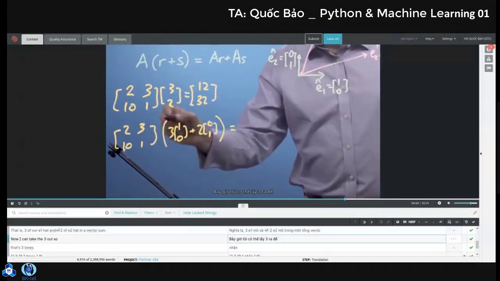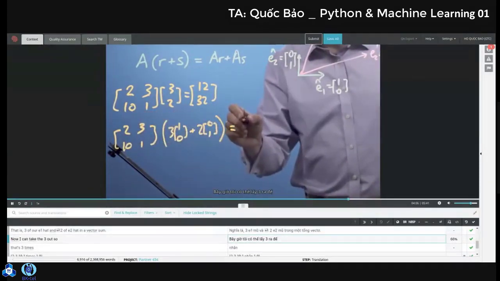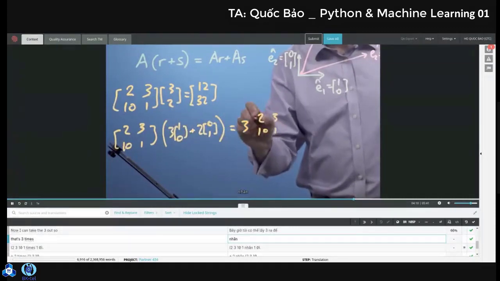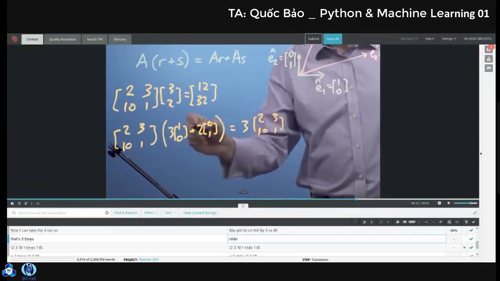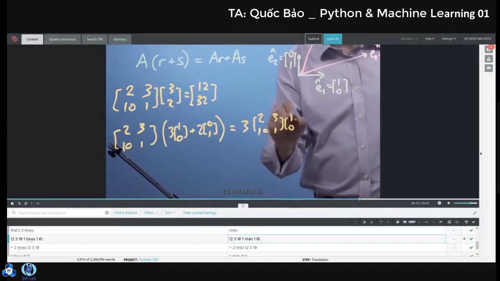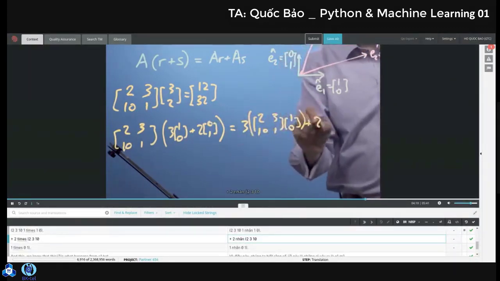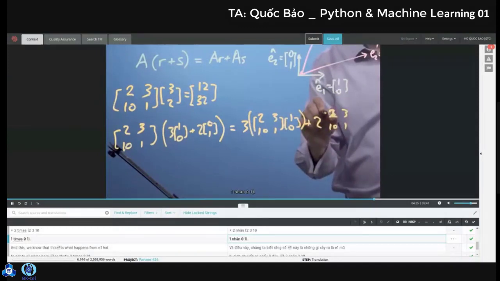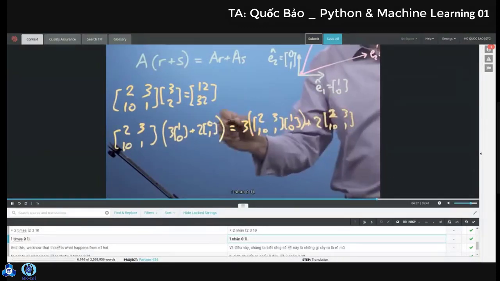Now, I can take the 3 out, so that's 3 times the matrix 2, 3, 10, 1 times (1, 0), plus 2 times the matrix 2, 3, 10, 1 times (0, 1).